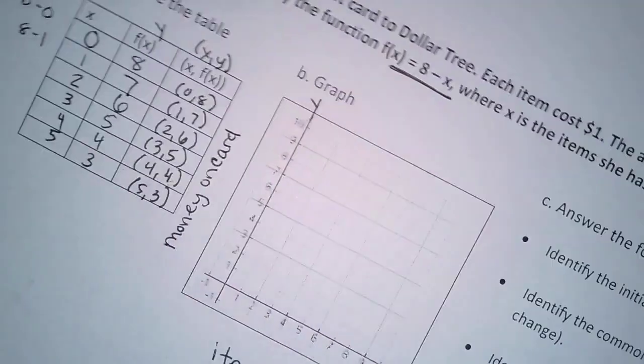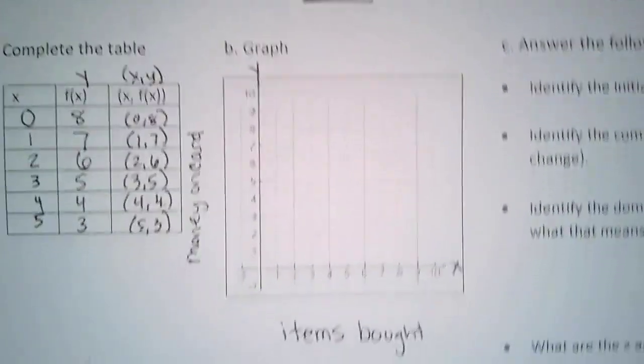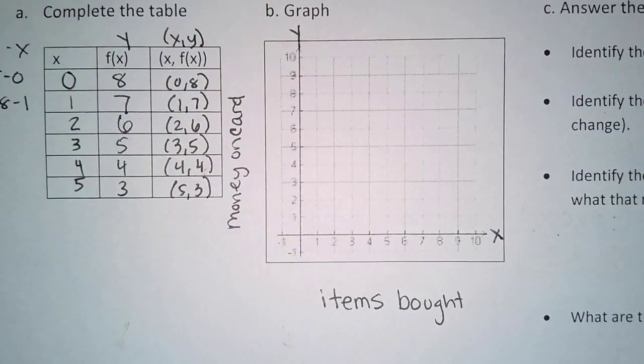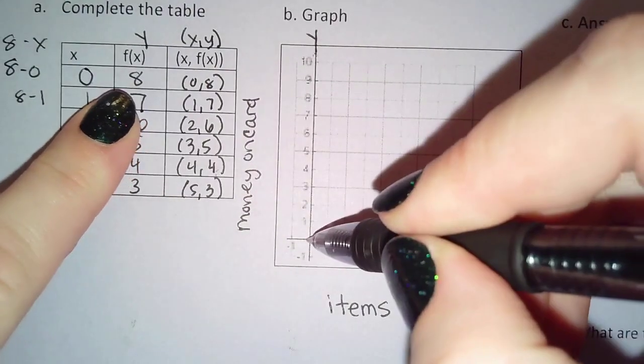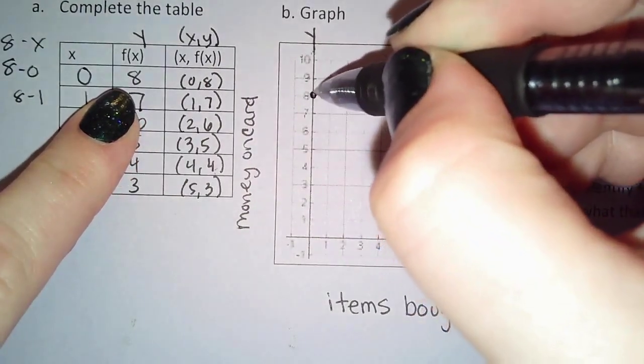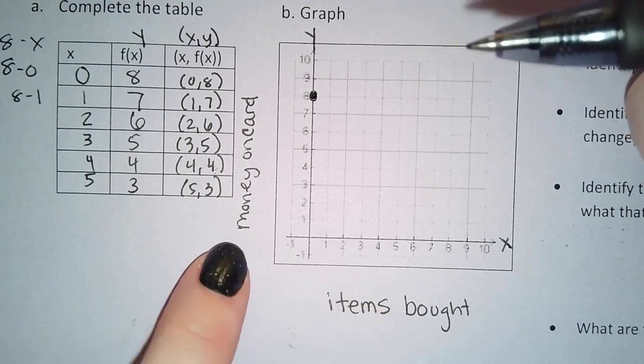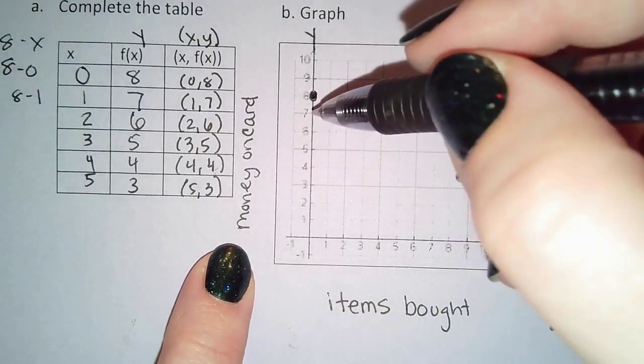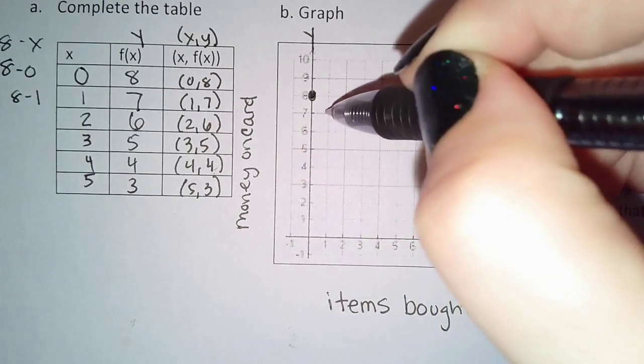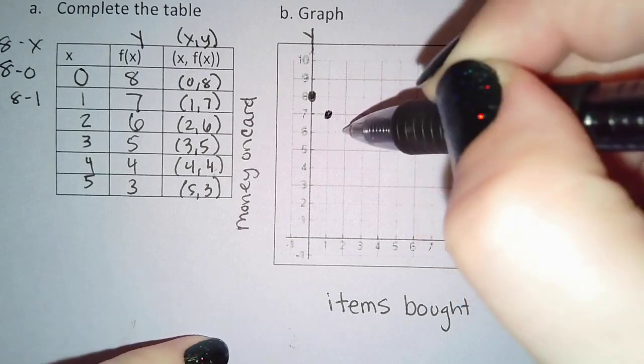Or you could say value of gift card, right? Okay, so now let's go ahead and graph this. So our first ordered pair is 0, 8. 0 up to 8. So that makes sense. 0 items purchased. There's $8 on the card. Then 1, 7. 2, 6.